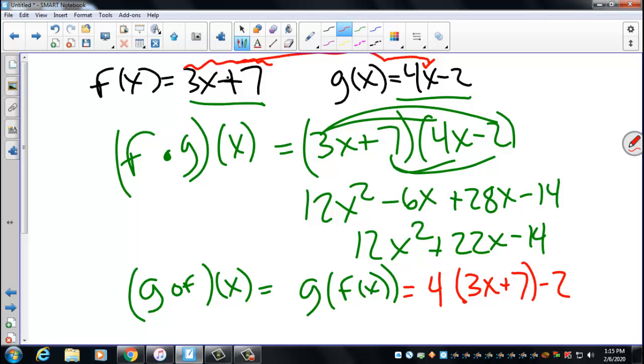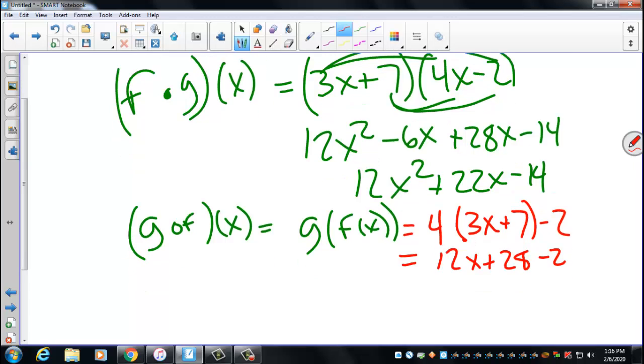And what does that get you? 12x plus 28 minus 2 for a final result of 12x plus 26. Just leave it like that.